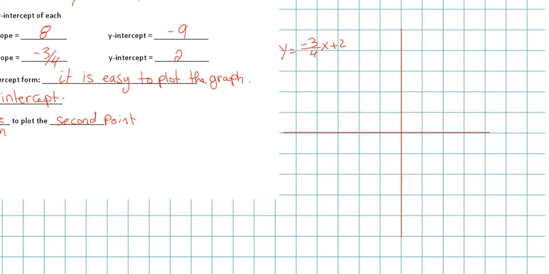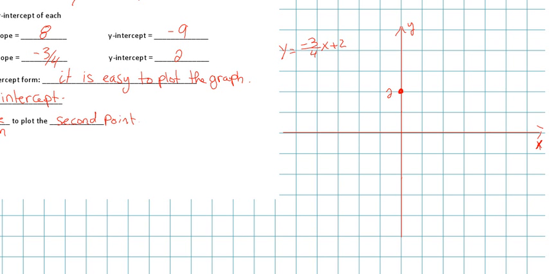First thing I have to look at is the equation. It's in slope y-intercept form. What is my y-intercept? 2. So where would that be? Would it be on this line or on this line? On the y line. So it's going to be right here, because this is where my 2 is. So this is my y-intercept and this is my first point.